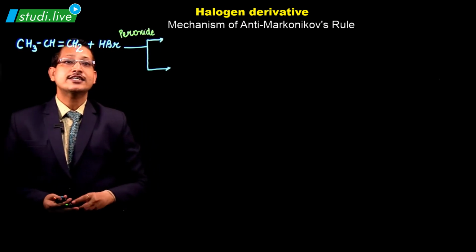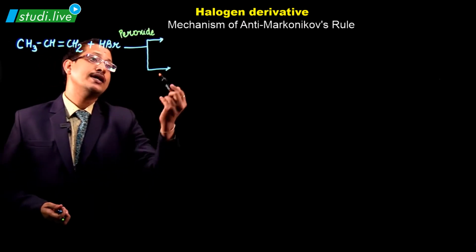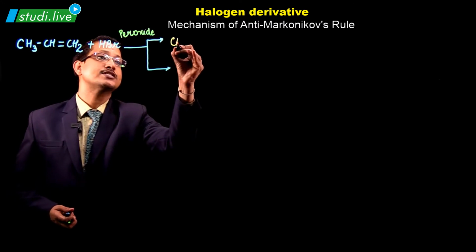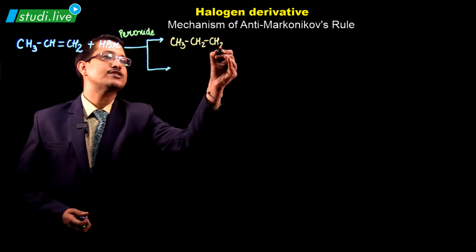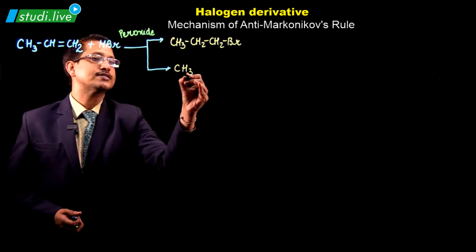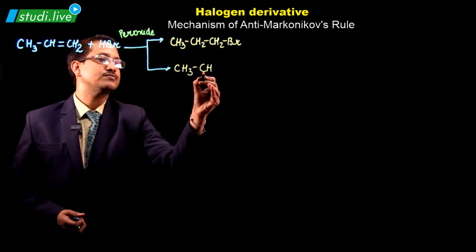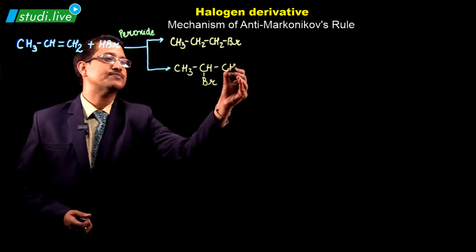When this reaction takes place in presence of peroxide, two products are formed. Let us write those two products: CH3, CH2, CH2, Br, and the other one is CH3, CH, Br, CH3.